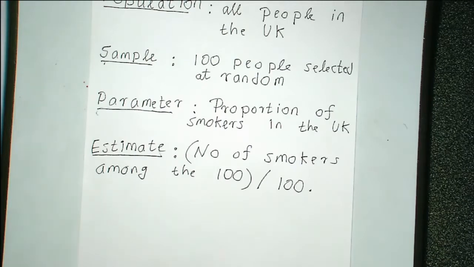You ask the 100 people how many of them smoke, and you divide that by 100, you get a proportion. Okay, all right. So this is another example on the 4 terms, right?